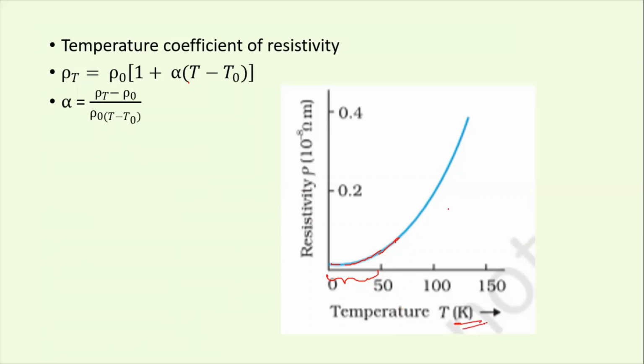That means what is its value in Celsius? It will be very less, right? I hope you know the conversion between the Kelvin and Celsius scale. So in the Celsius scale, the temperature will be very low.